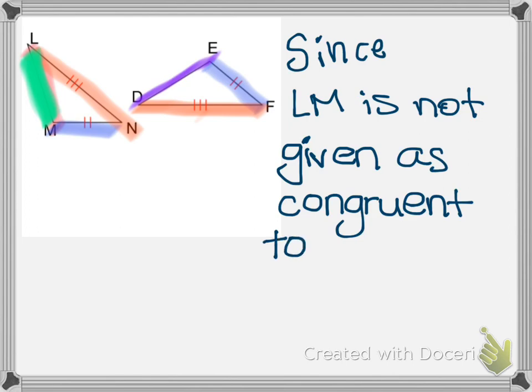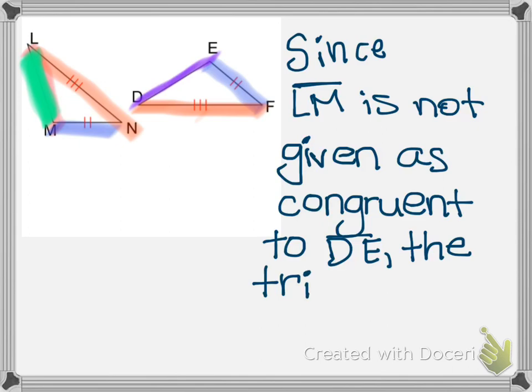Okay, so since side LM is not congruent to side DE, these triangles are not congruent. Which means I can't now say that the angles are congruent. In the previous example, I could say that. And we'll talk more about that in the next one.